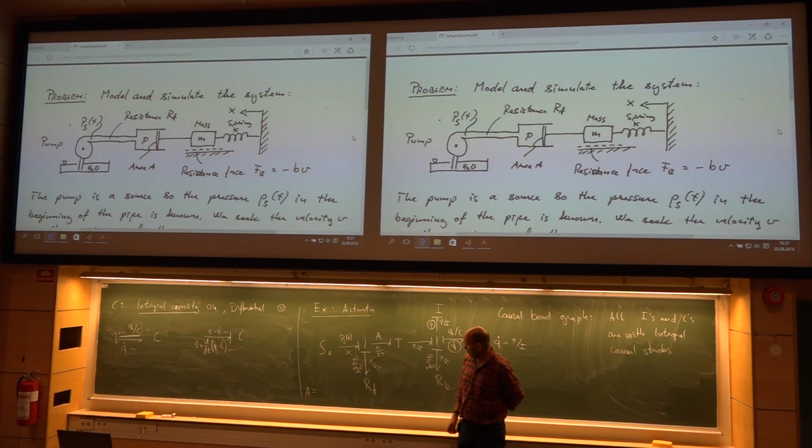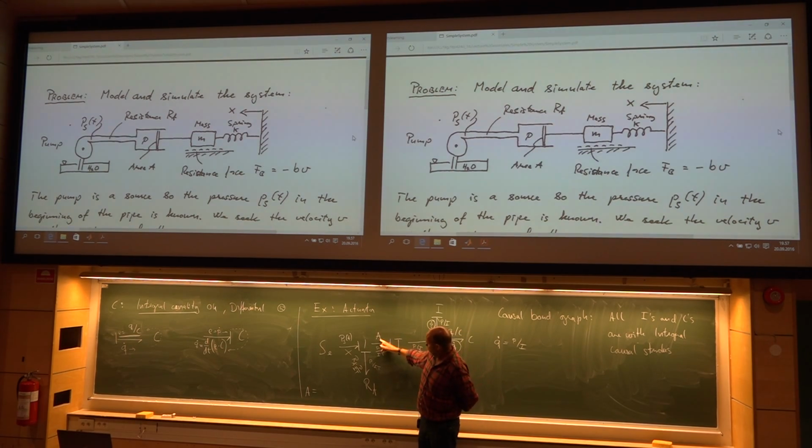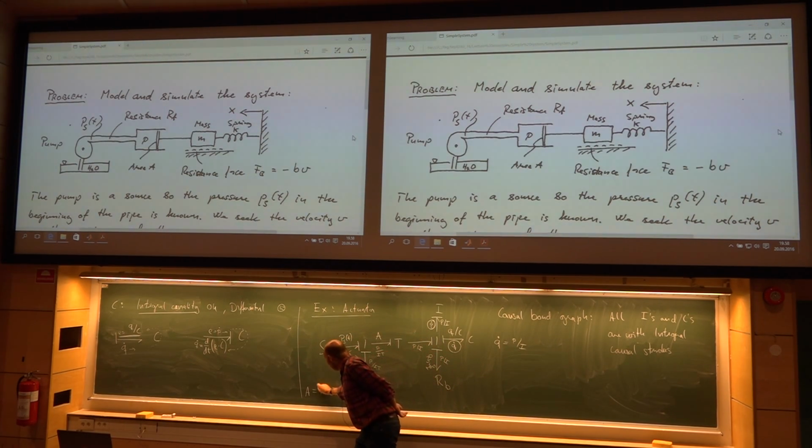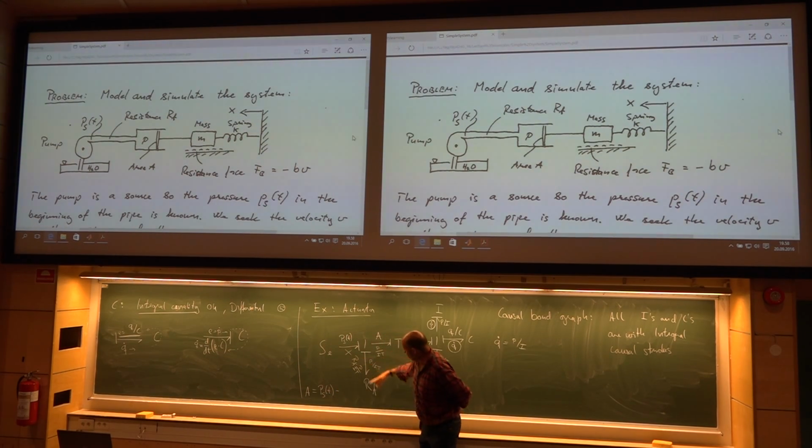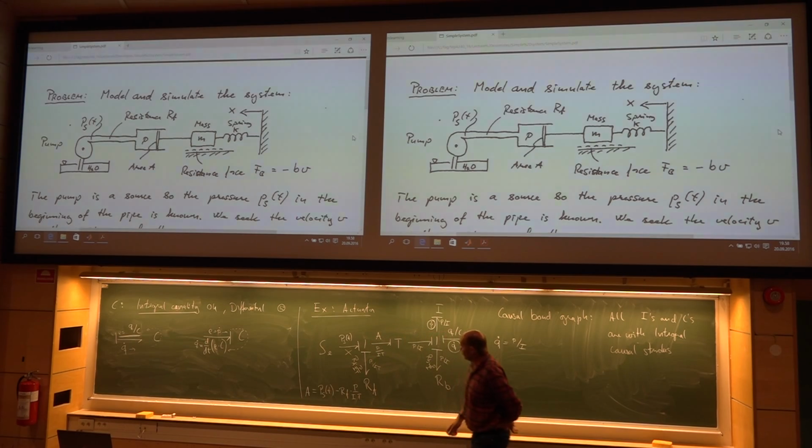What will A be? Well, the effort in equals effort out, so PS equals A plus this one. Hence A has to be PS of T minus this effort we have here, RF multiplied with P over IT. That's my A.